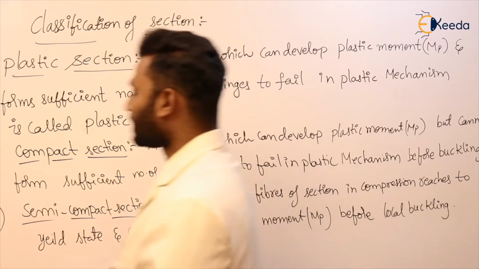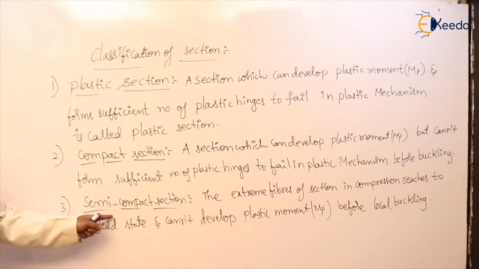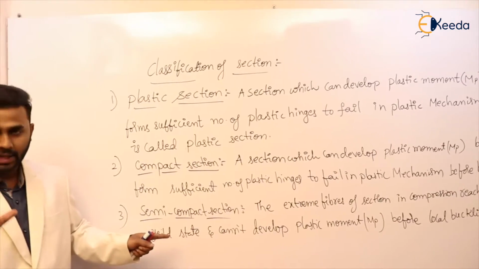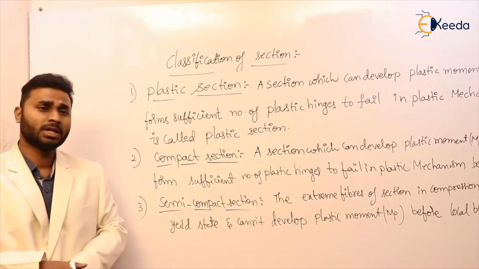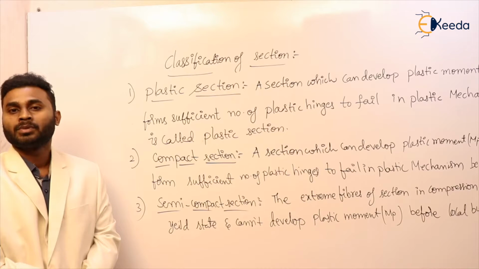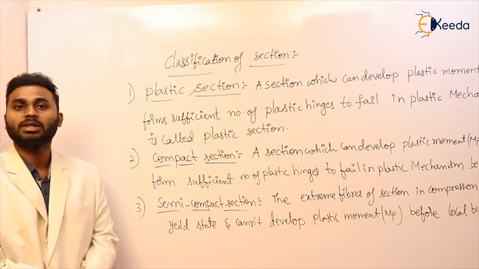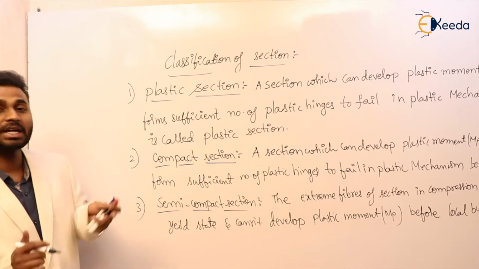So this section can develop only yield moment. That's it. If it develops yield moment, it buckles or fails. So it can't even develop plastic moment. That is a semi-compact section. So this is the third, and one more is there, that is the slender section.